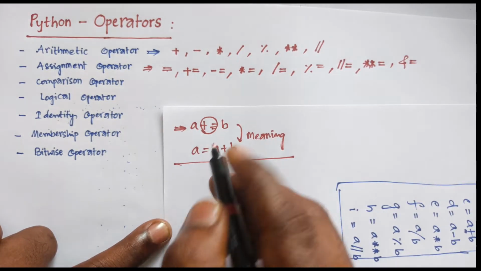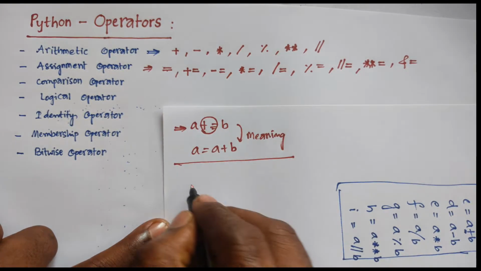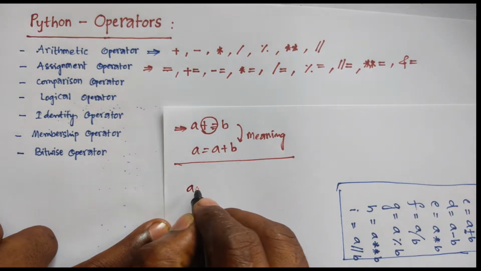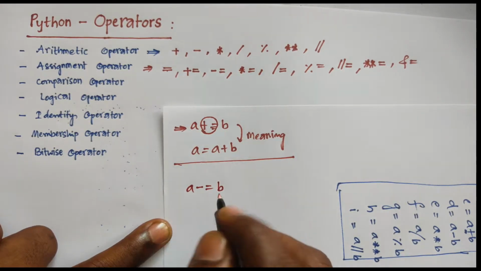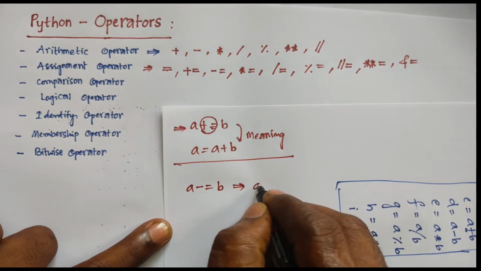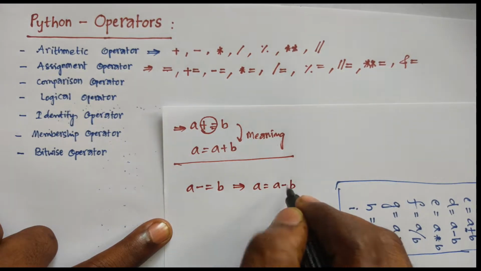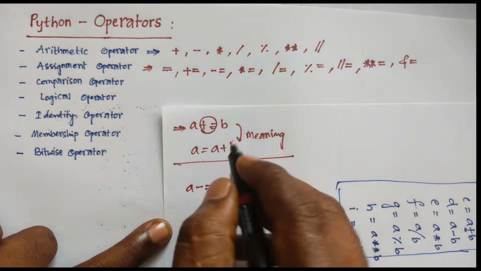So far we discussed the equal symbol, and the next one is a minus equal b, that can be represented as a is equal to a minus b.